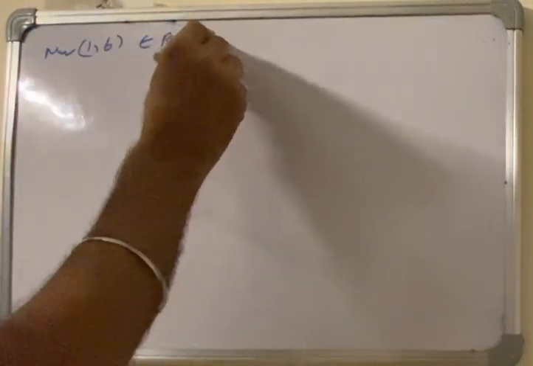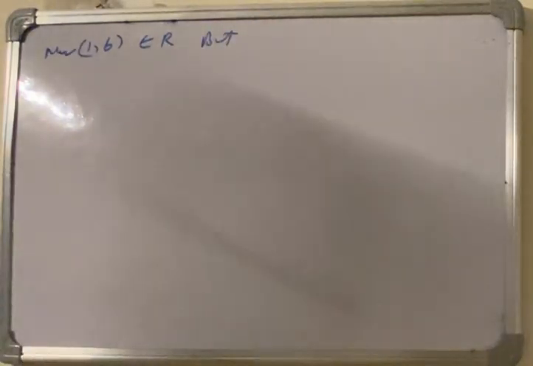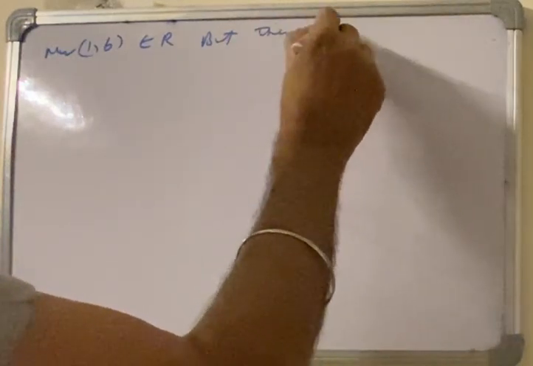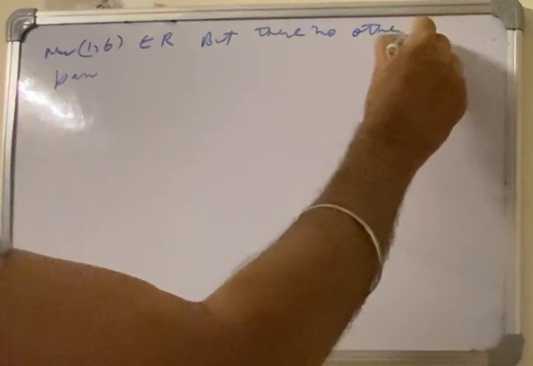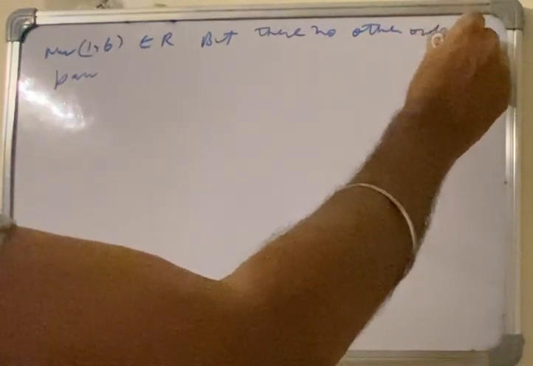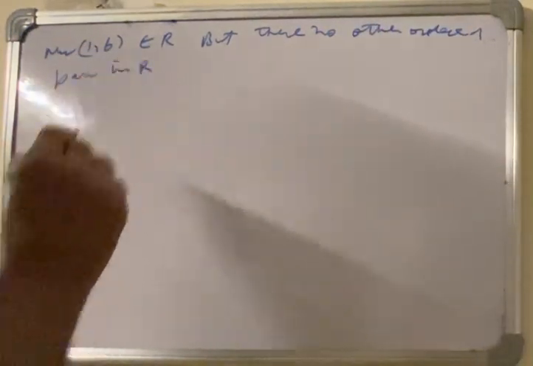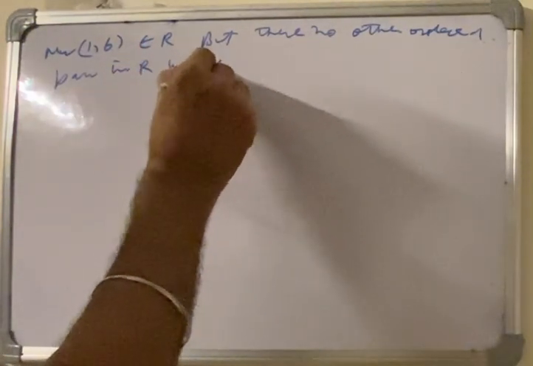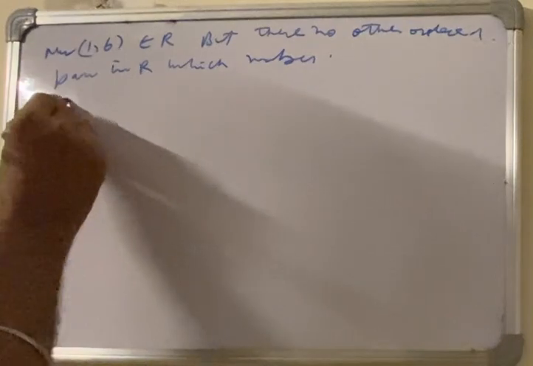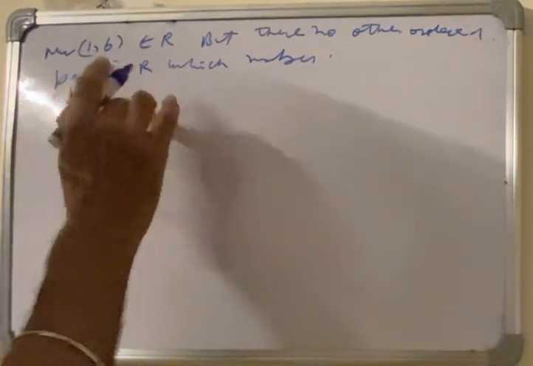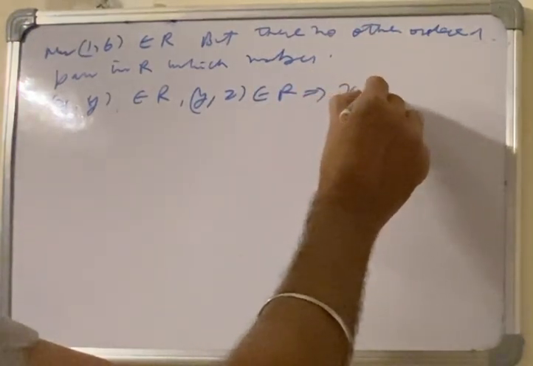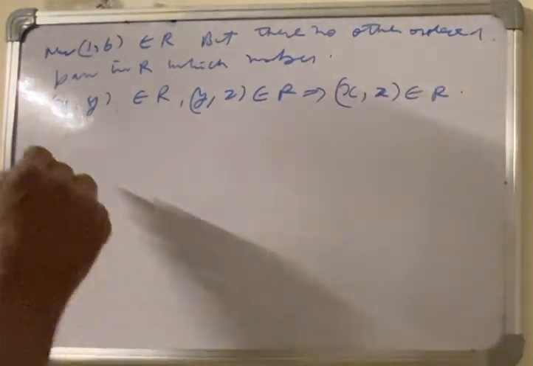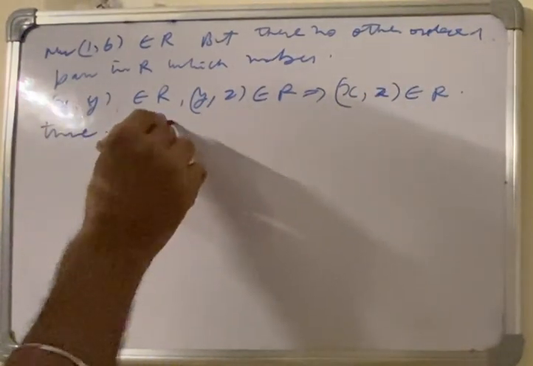Now (1, 6) belongs to R, but there is no other ordered pair in R which makes (x, y) belongs to R, (y, z) belongs to R imply (x, z) belongs to R true. Therefore, R is not transitive.